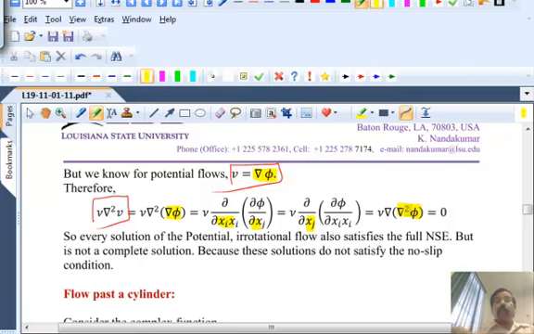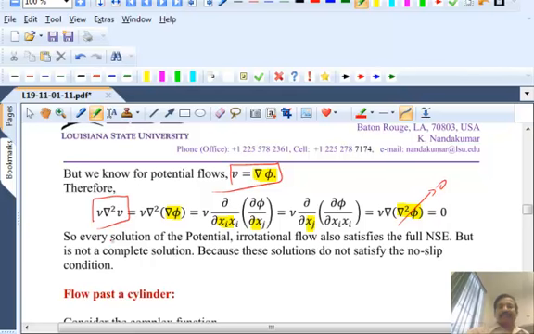But I know that this is automatically 0, right? Every potential function will satisfy the Laplace equation. So this term would identically be equal to 0 for every solution that I have examined so far. I claimed these satisfy the Euler equation, but now I'm showing that they also satisfy the full Navier-Stokes equation. And the question that I'm asking you is why?